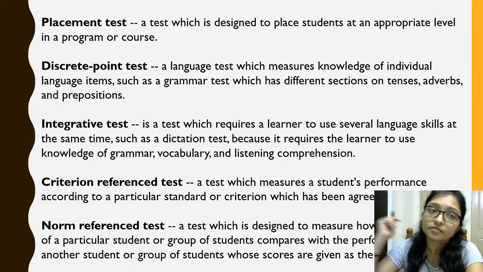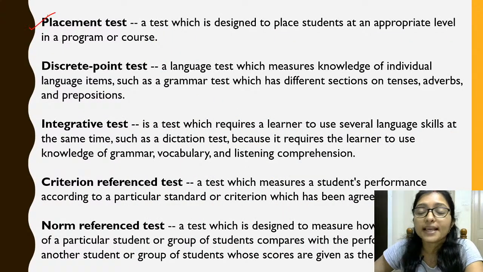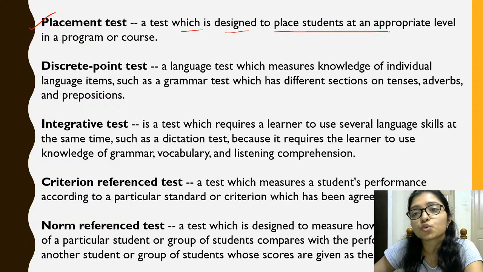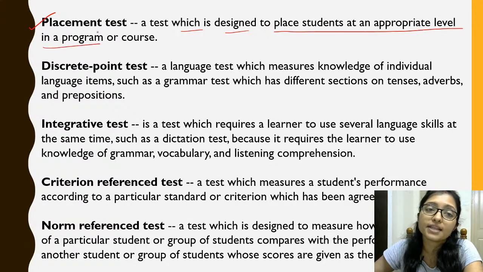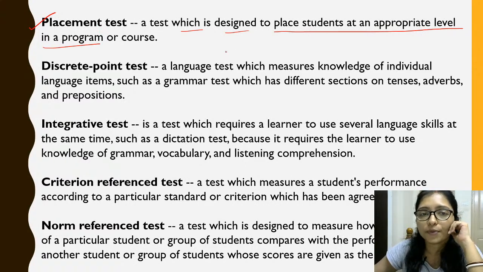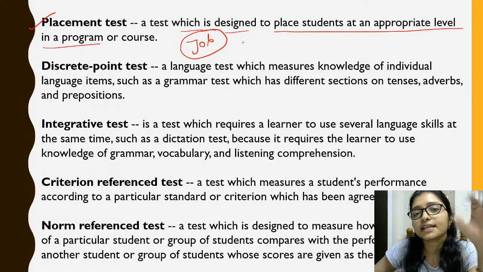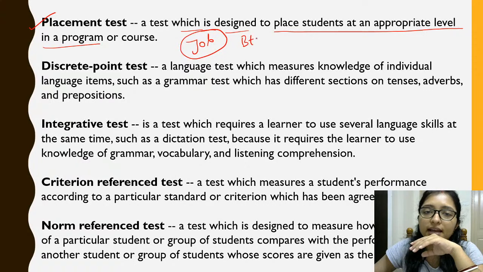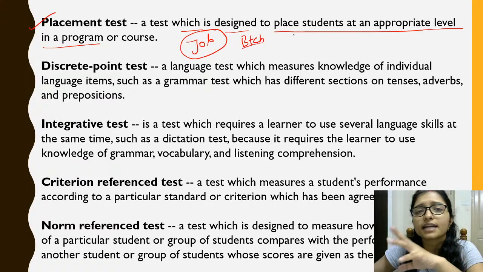Okay. Now come to the placement test. What is placement test? A test which is designed to place a student at an appropriate level. Placement test is related to the job. After completion of any course like BTech or MCA, those are job oriented courses.